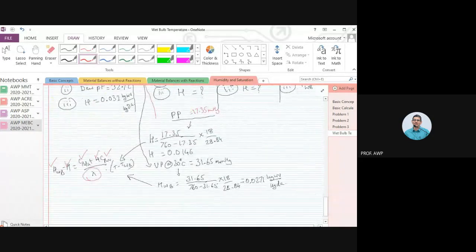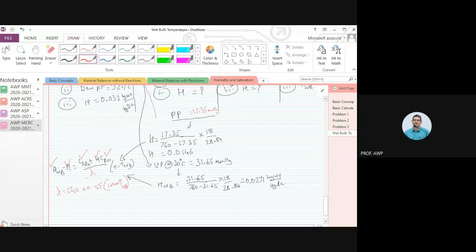Lambda, I told you last time, was 540 plus 0.55 times (100 minus T). That temperature is the temperature at which water is evaporating. Water is evaporating at the temperature of the wet bulb, and therefore this is the wet bulb temperature.